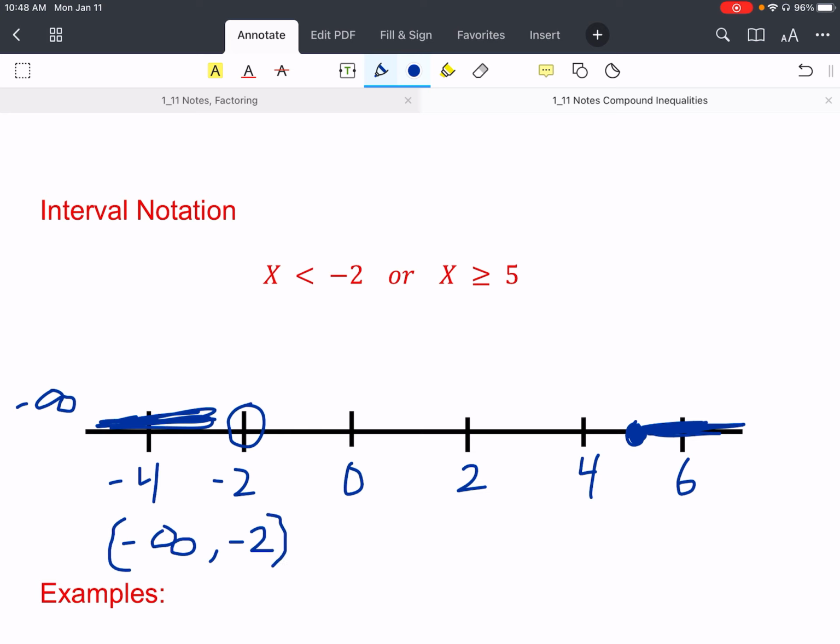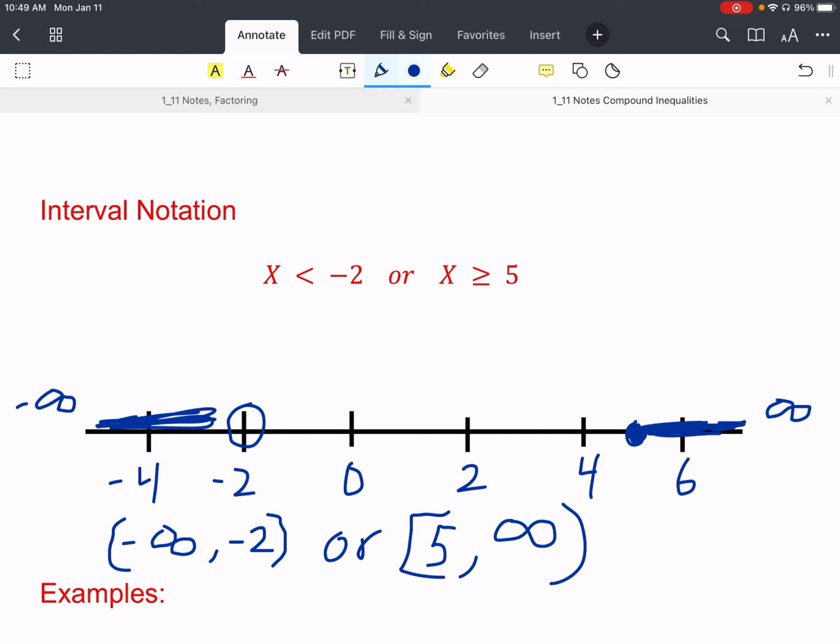And for our second one, what we're going to do is we look and we see a greater than or equal to 5. So we are going to put that in a bracket. So we have our bracket instead of parentheses, 5, comma, positive infinity. And then the infinities go in parentheses, because over here we go all the way to parentheses.